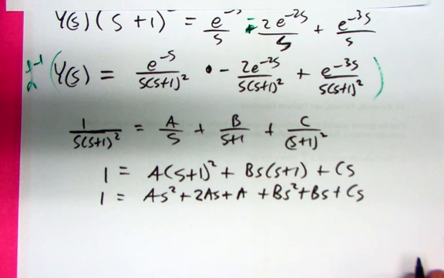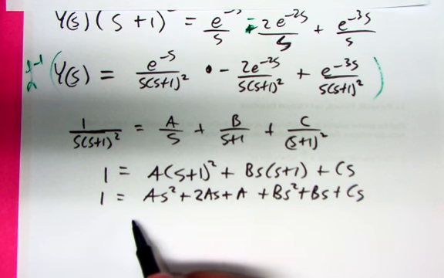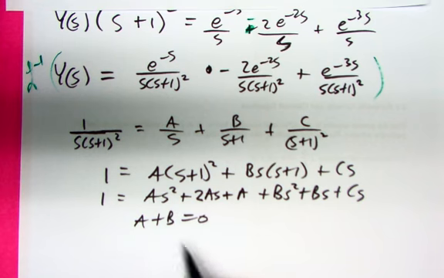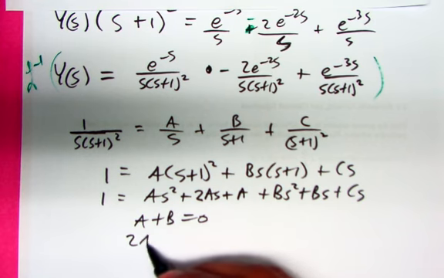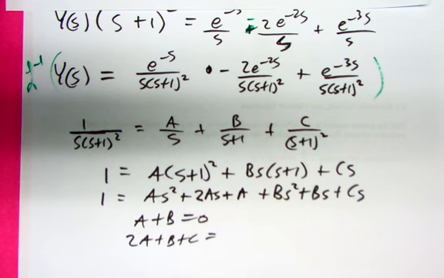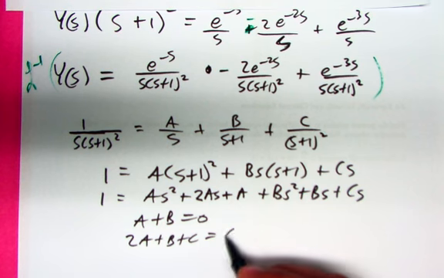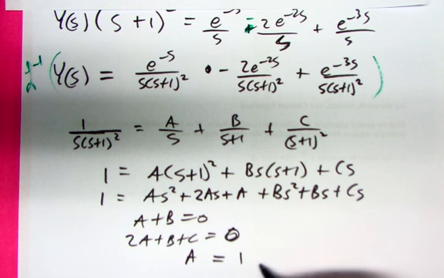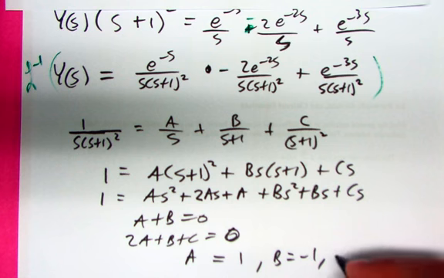Now what's our system? A plus b has to be 0 because there are no s squareds. 2a plus b plus c is 0. And our constant, 1, has to come from a. So if a is 1, b is negative 1, and then c would have to be, whoops, also negative 1.